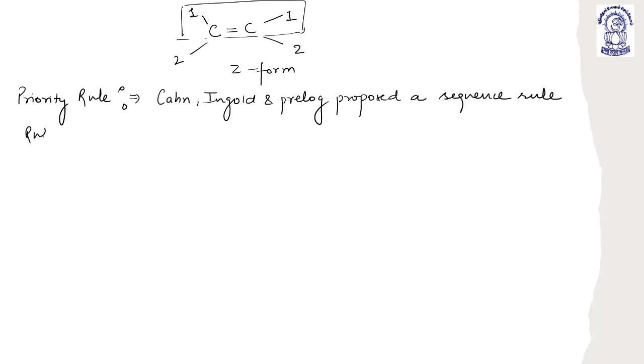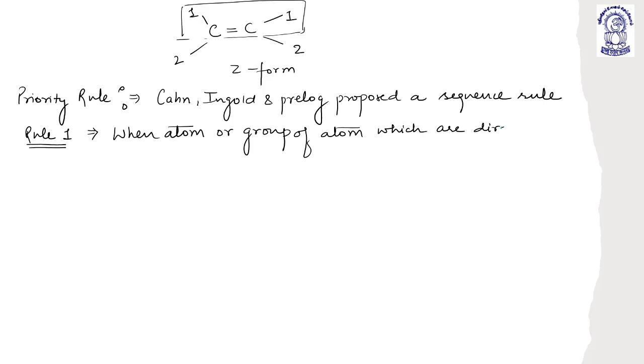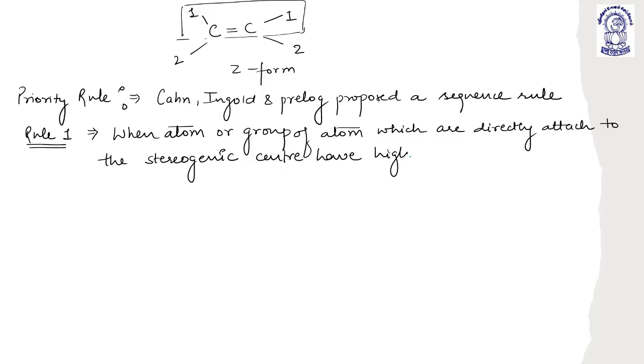Rule number one, which says when an atom or group of atoms which are directly attached to the stereogenic center have higher atomic number, they will have higher priority.